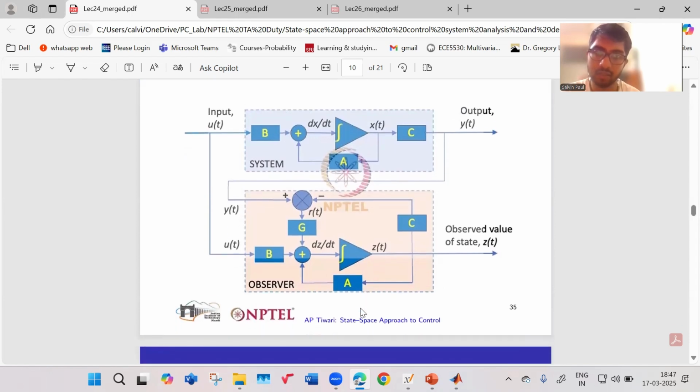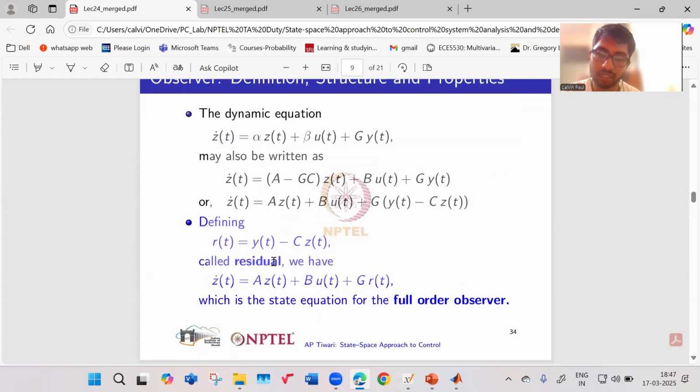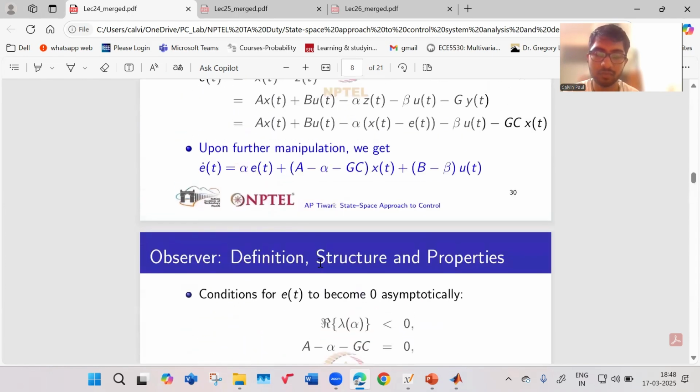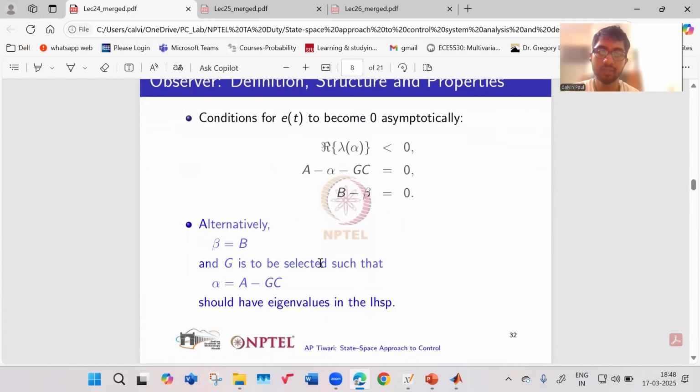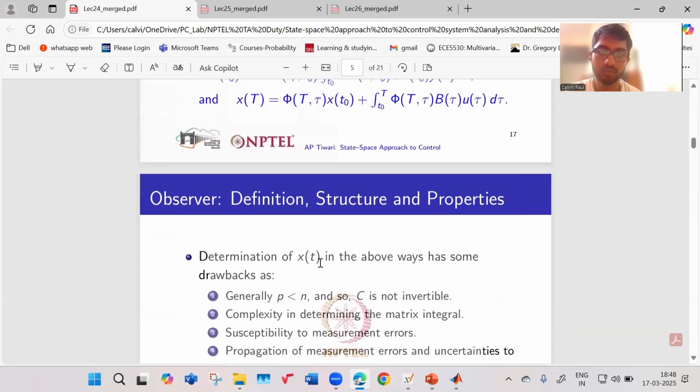This is the equation of a full order observer. Here, Sir considers what is known as the residual. The residual is the error of the outputs. This Sir has shown.